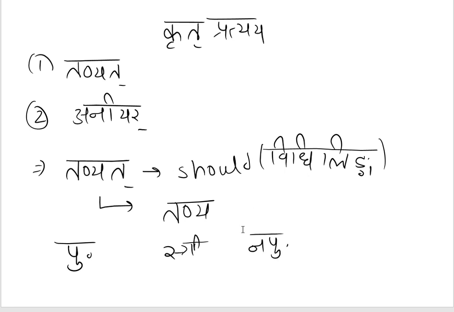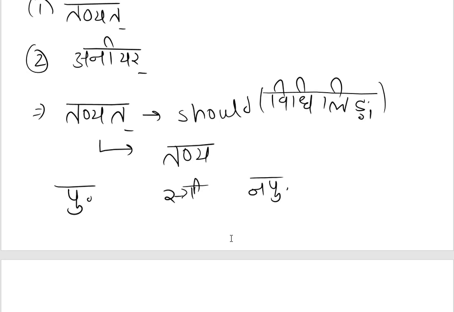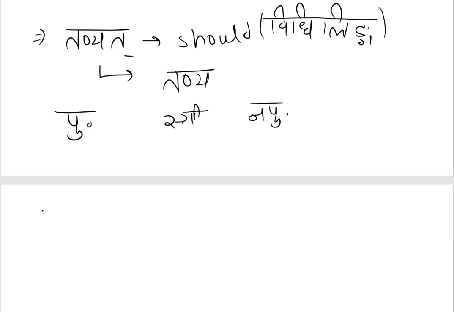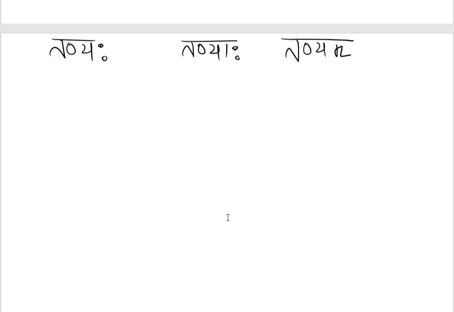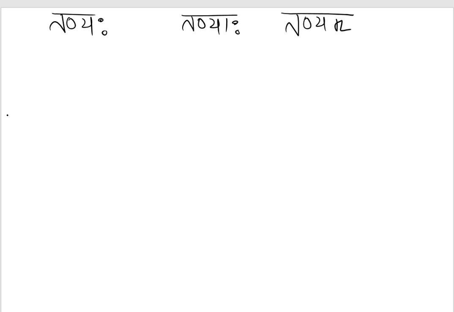The Pulling word we make as Tavyah, Striling will be Tavya and Napunsakling will be Tavyam. Now we'll see some examples while adding with the dhatu.